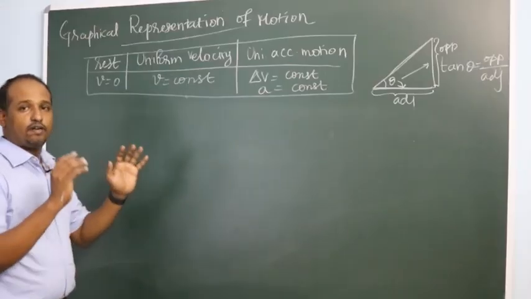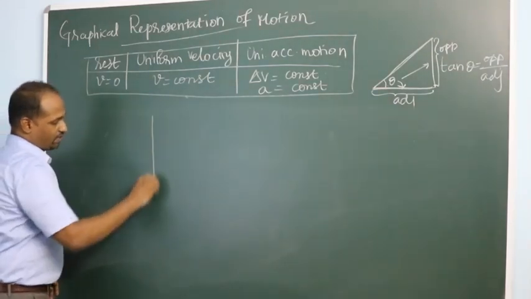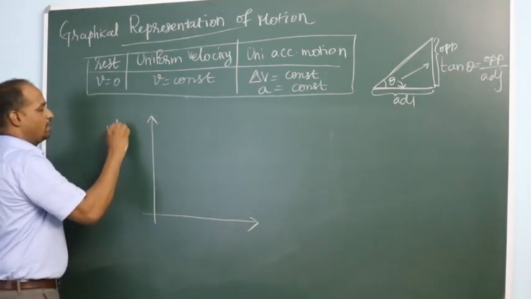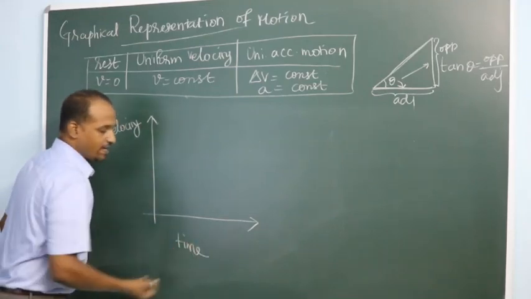Now let us look at the velocity time graph. In the velocity time graph, I'll try to put everything in one graph. Let's say this is velocity on the y-axis and time on the x-axis.